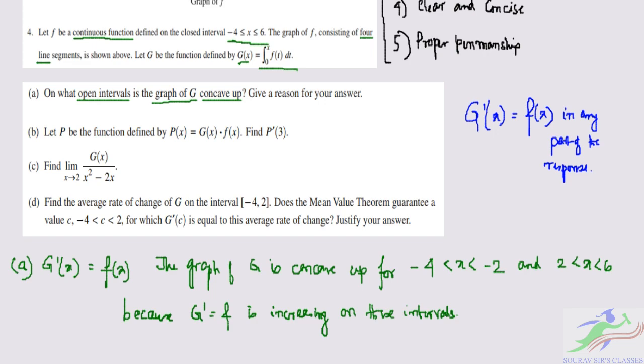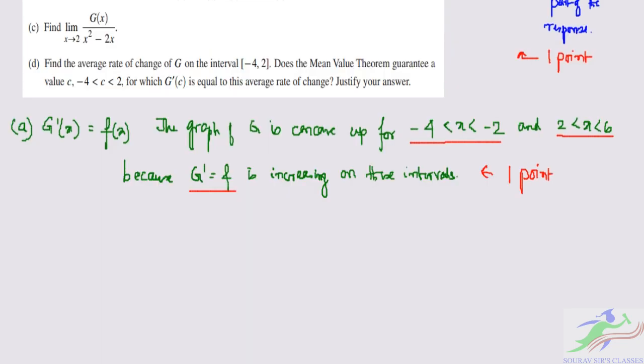So the answer is the open intervals -4 < x < -2 and 2 < x < 6, because g prime equal to f is increasing on these intervals. For part A it is 1 point, and since you have the model solution for any part in the response, you will get 1 point. Now let's solve part B.